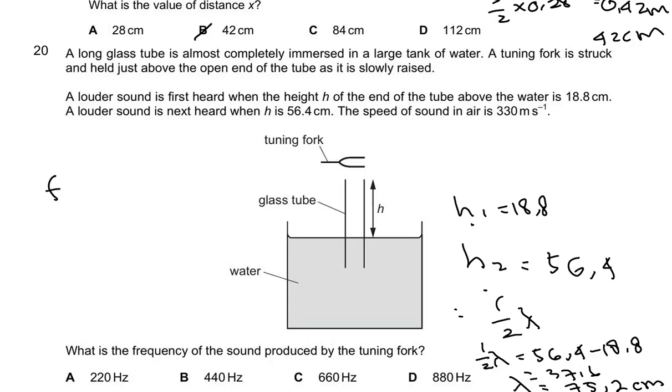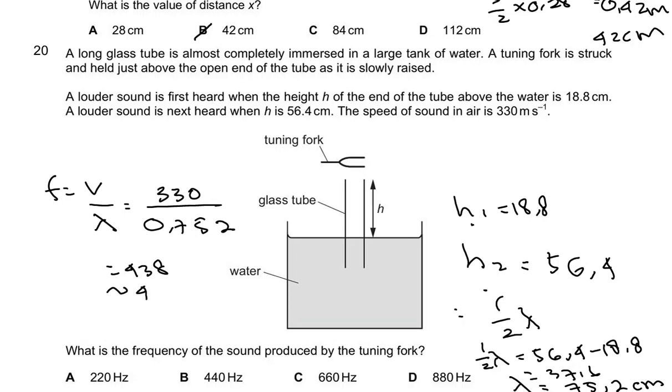The frequency is v per lambda. v is 330 per lambda, which is 0.752. It equals 438, or we round up to 440 hertz. So the answer is B.